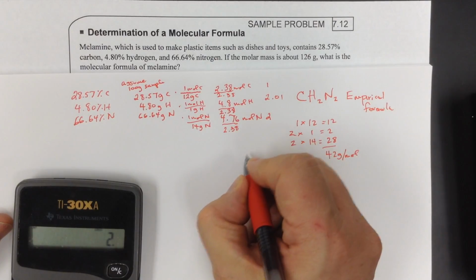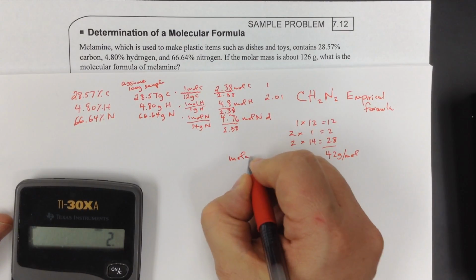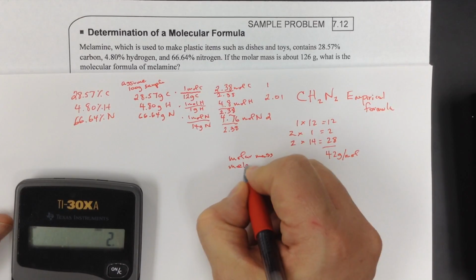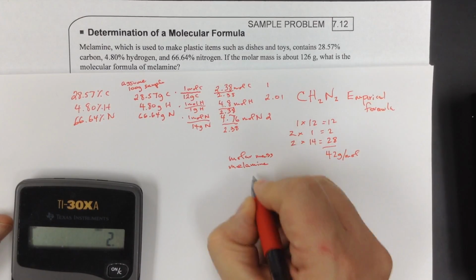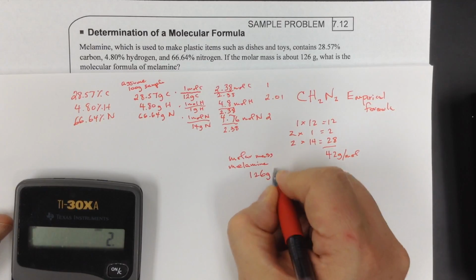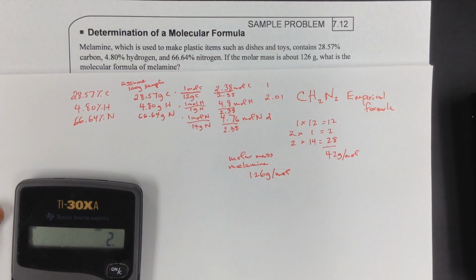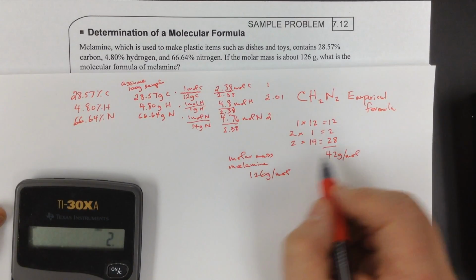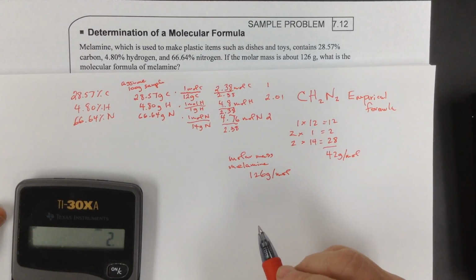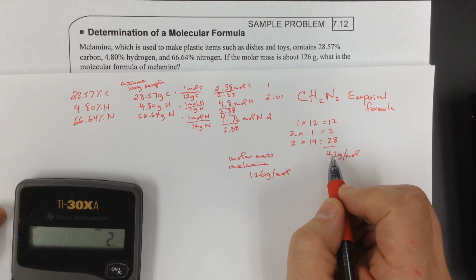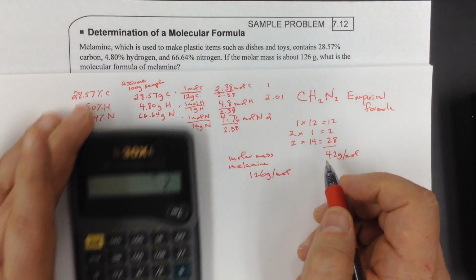Now, I was given that the molar mass of melamine is 126 grams per mole. I need to compare these two. In what way are they related? I'm hoping that 126 is a multiple of 42, and I find that out simply by dividing.